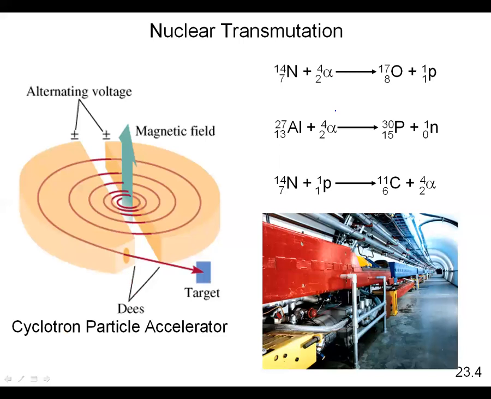Essentially, it has a magnetic field and gets the particle spinning very fast, and then you shoot it out at a target. When these things get hit with these particles, they're not very happy, and they split off into some new nucleuses and produce some particles along the way as well.